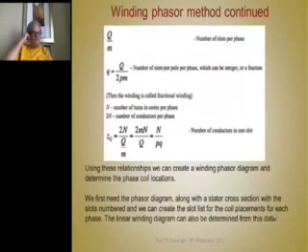So if we consider the number of slots per the number of phase, and by the way, this must be an integer. For balanced windings, you're going to use all the slots, and that means that the number of phases have to divide into the number of stator slots evenly with no remainder.